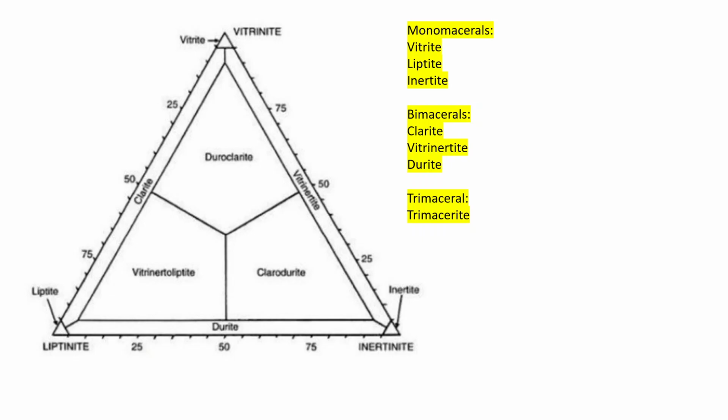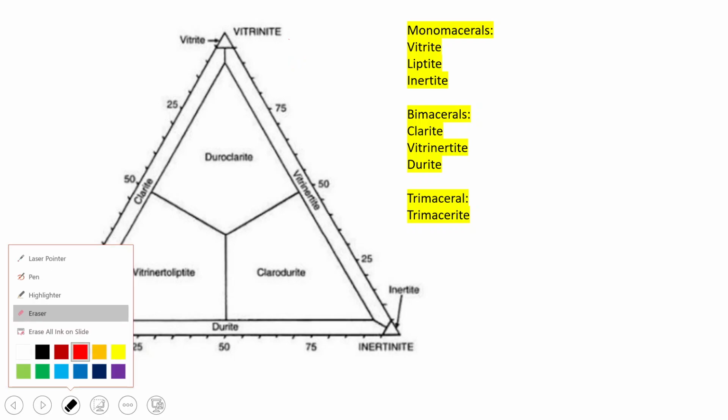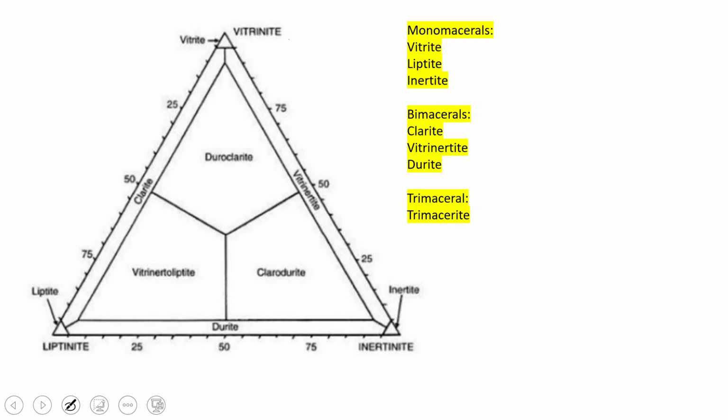So here, if you see, this is 100% vitrinite. This is the 95% field.